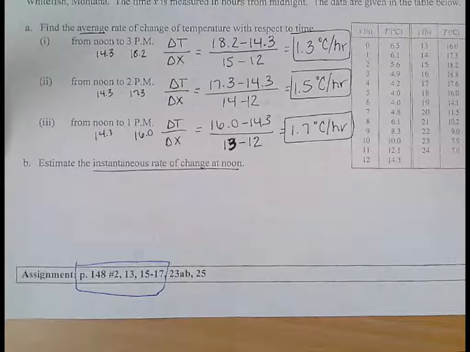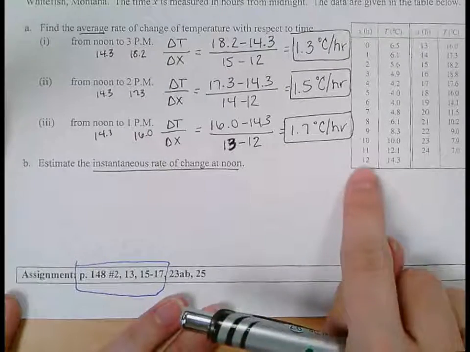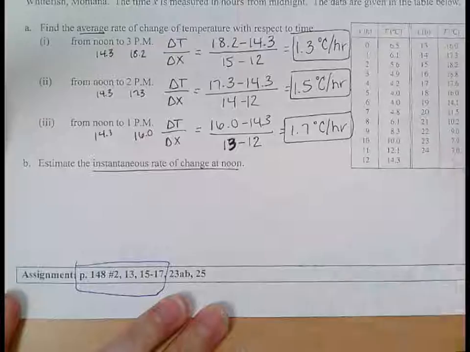So when you have a table, how would you find an instantaneous rate of change? Because you've done this before. Ava? Yes. So we would take, if we're focusing around noon, that's when x is 12.